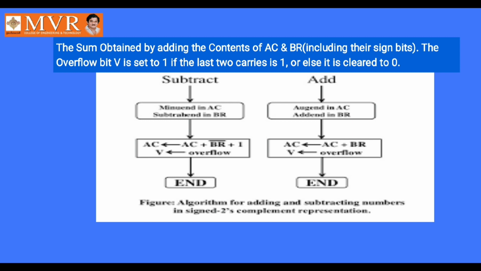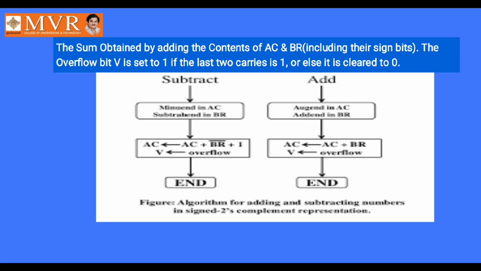In the subtract algorithm, we have minuend in AC, subtrahend in BR, meaning AC minus BR. But how do you perform this operation, AC minus BR? Whatever is in BR, for that we will calculate the two's complement. How to calculate the two's complement for BR?